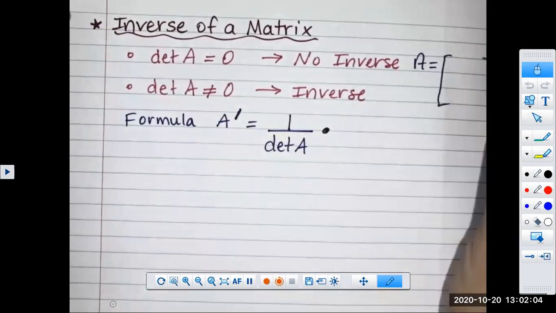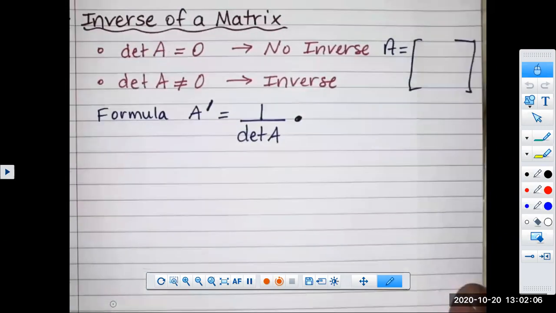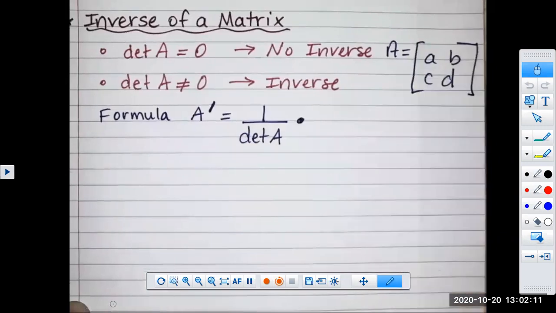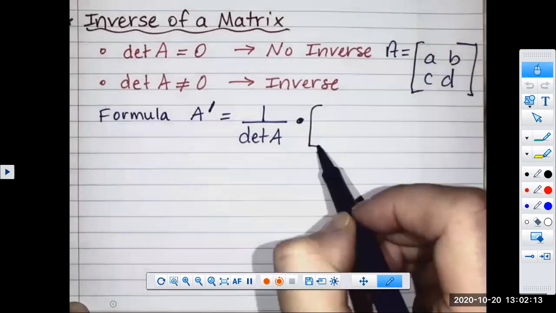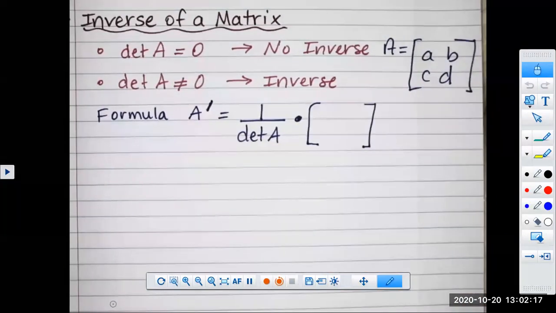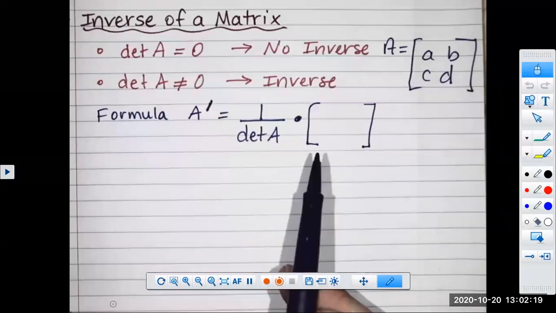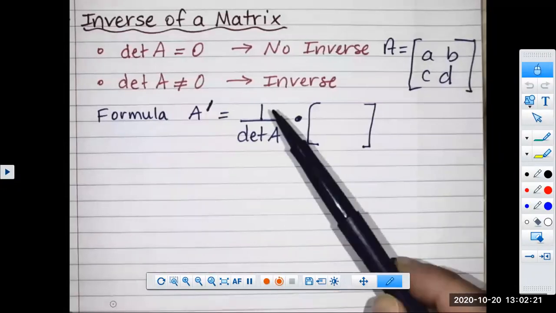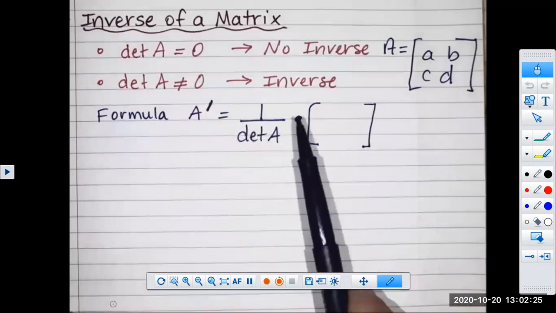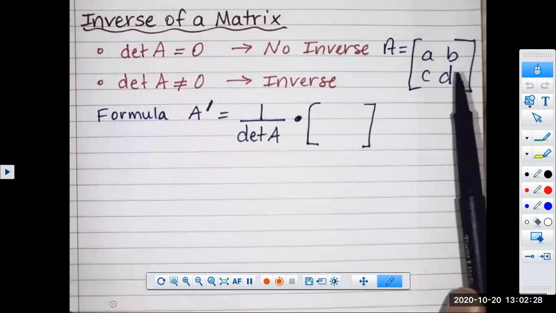All right, I'm going to go back up here. Let's say I had a matrix A out to the side and it had elements A, B, C, D. When you're finding its inverse, you take that 1 over determinant value, that fraction, and you multiply it to these elements, but they're switched.